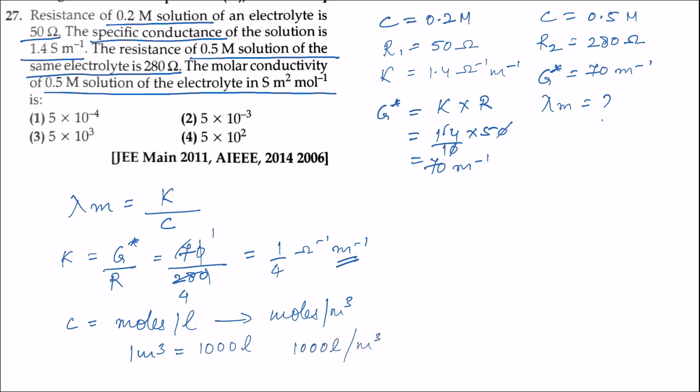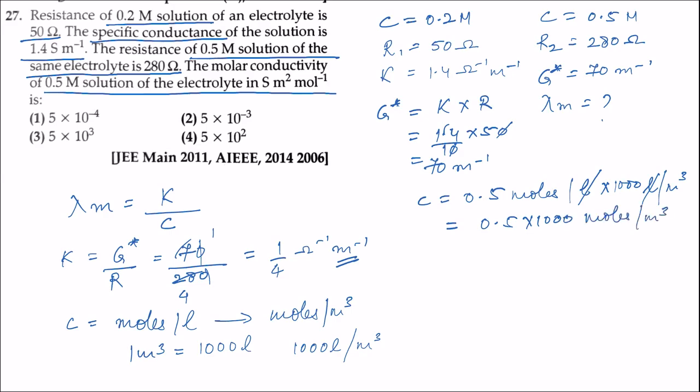Therefore, the concentration given as 0.5 moles per liter, multiplied by 1000 liter per meter cube, the liter cancels and this becomes 0.5 into 1000 moles per meter cube.